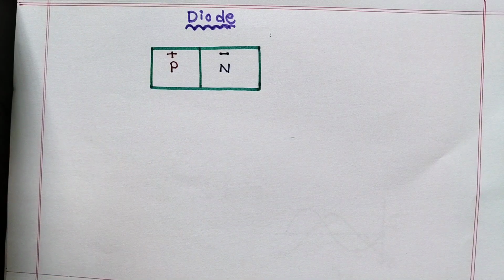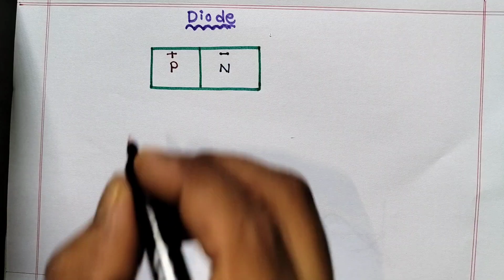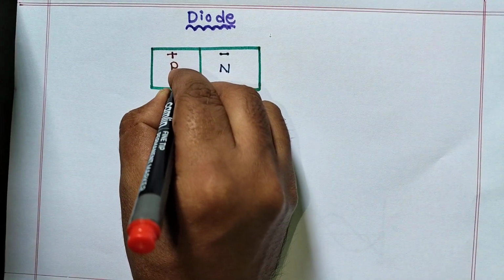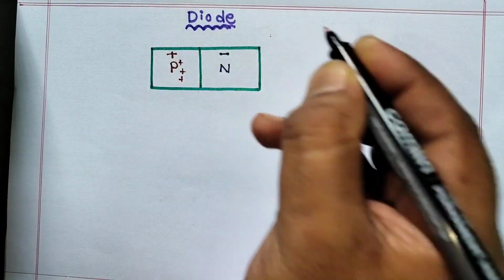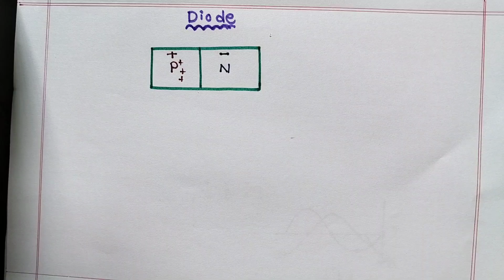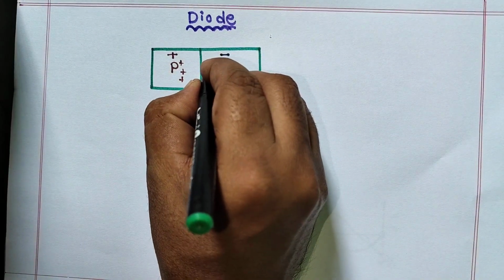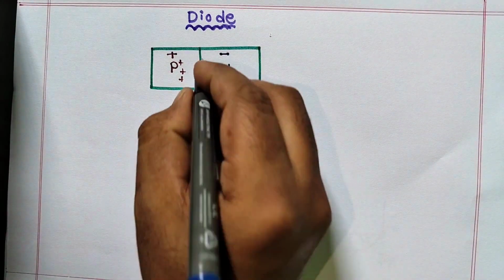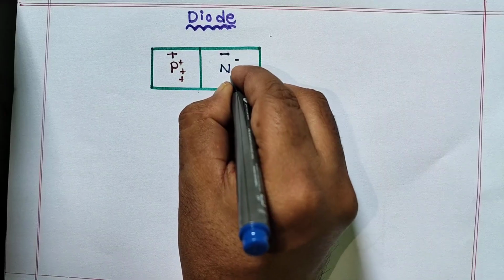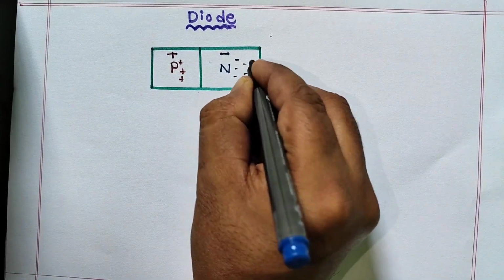What happens in a diode? Suppose this is the P side. P means more positive charge, or holes. Here, on the N side, there are fewer holes and a greater amount of electrons, negative charge.